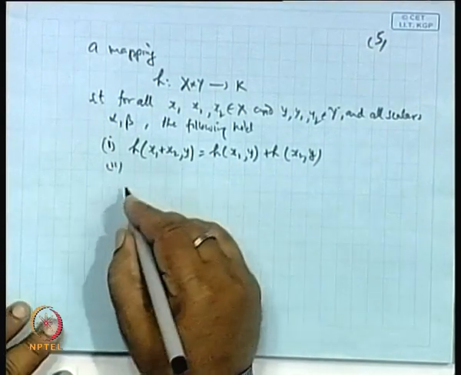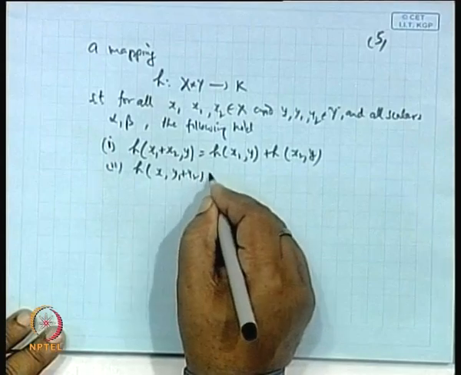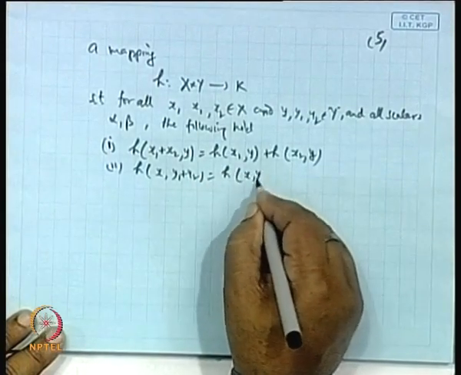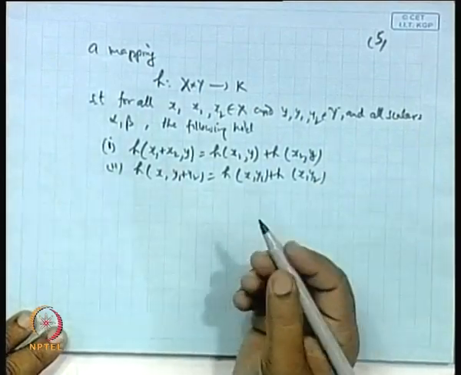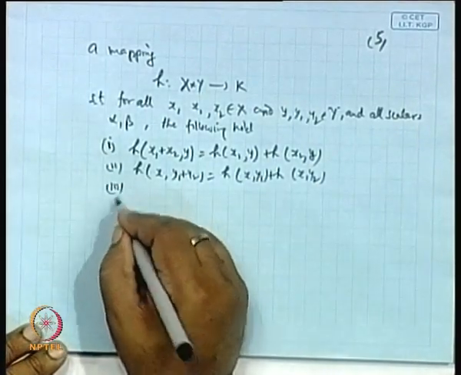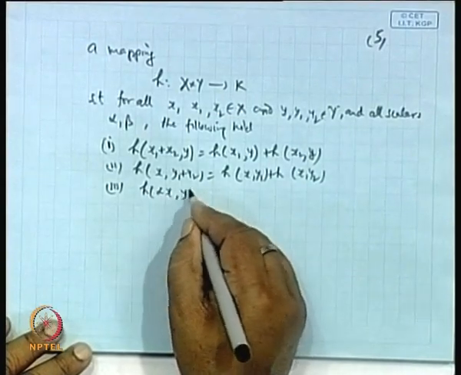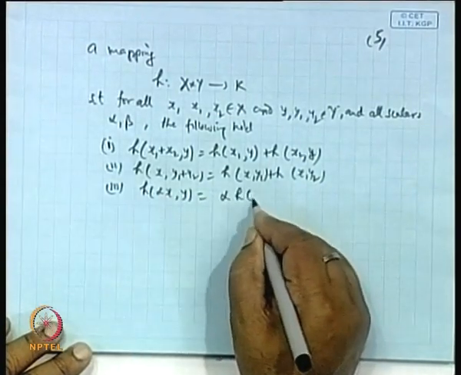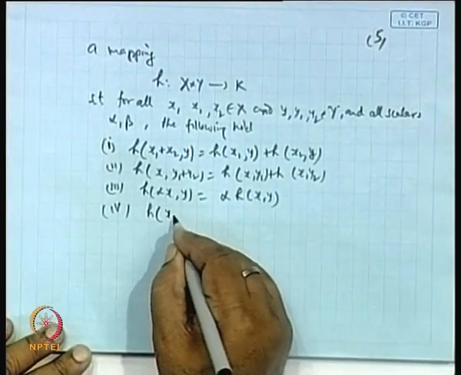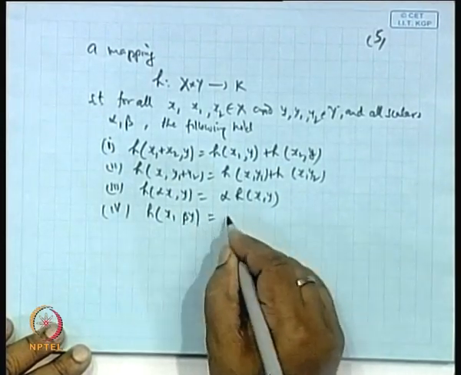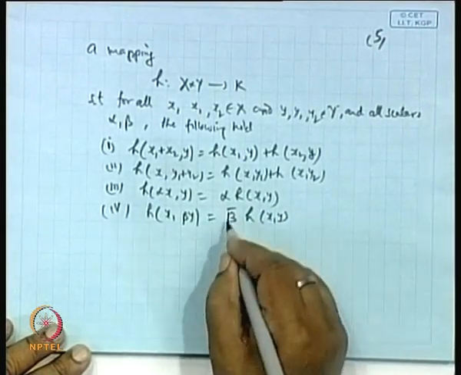Second, H of x comma y1 plus y2 is H of x comma y1 plus H of x comma y2. If the constant is alpha, say H of alpha x comma y, then we get alpha outside, alpha times H of x comma y, and if there is a beta multiplying y, then we get beta conjugate H of x comma y.